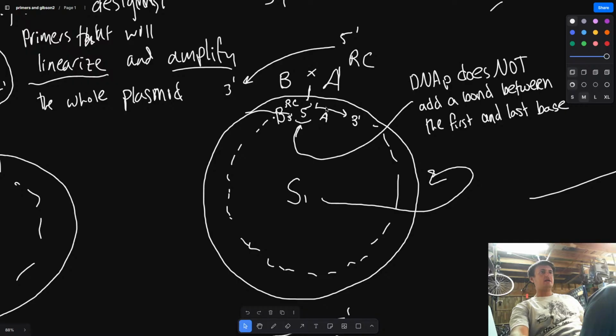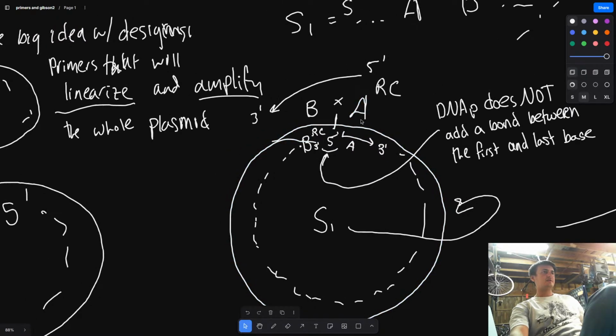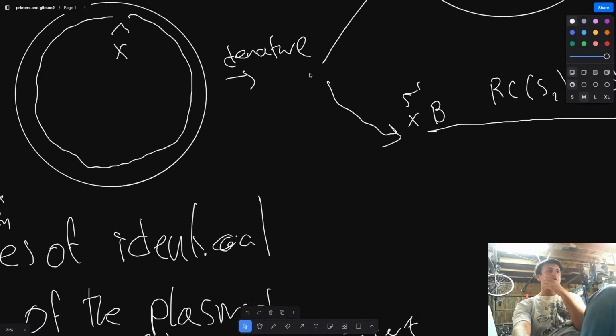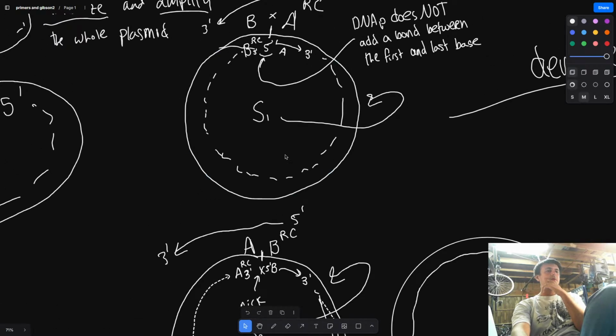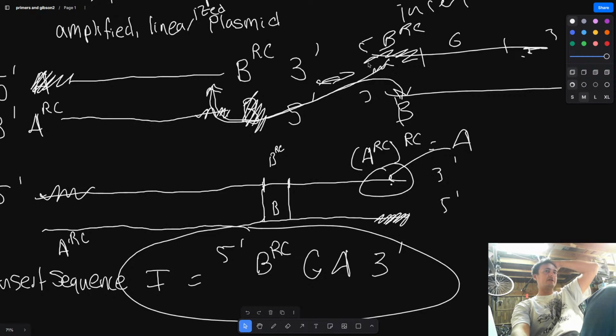So we have A. Wait, this isn't right. Oh no, ARC, B, A, BRC. So we have our plasmid here with ARC. Yeah. It linearizes fine. So I'm just trying to figure out, is this really going to work? Because I need to buy all this stuff.